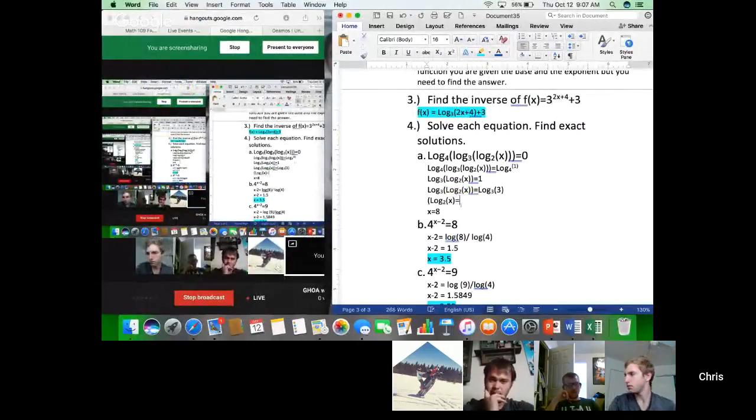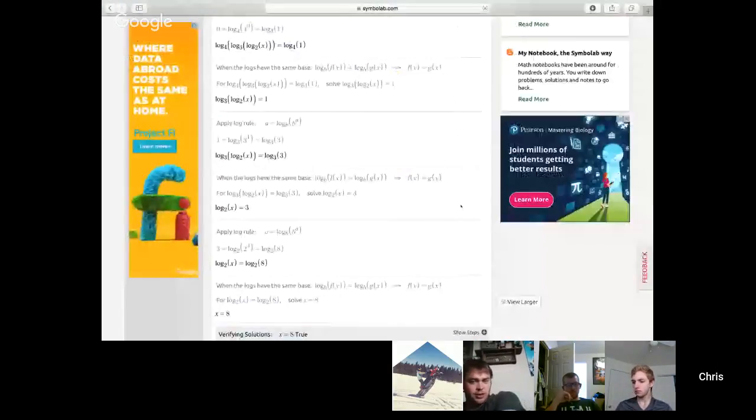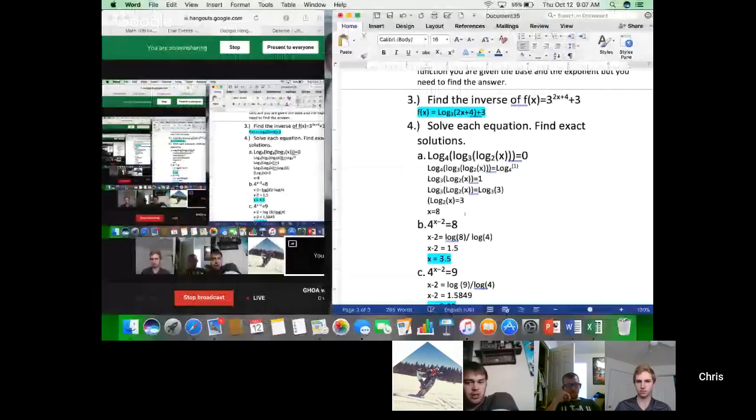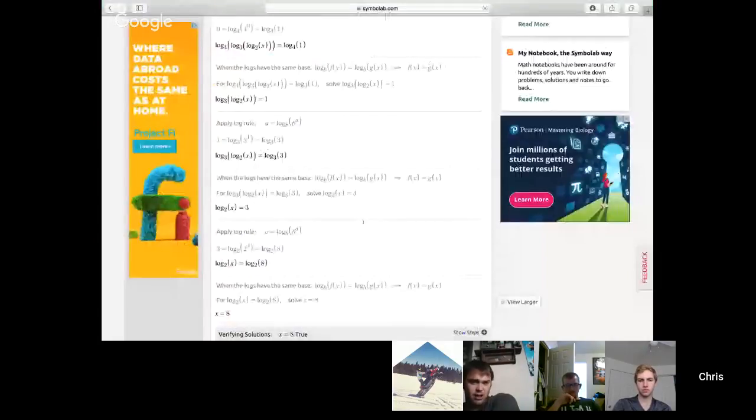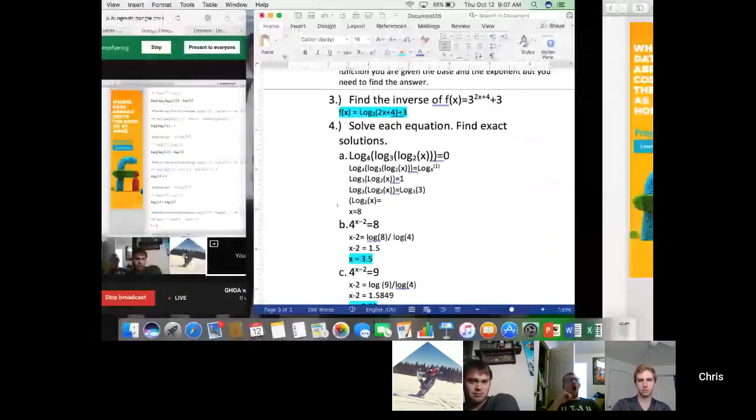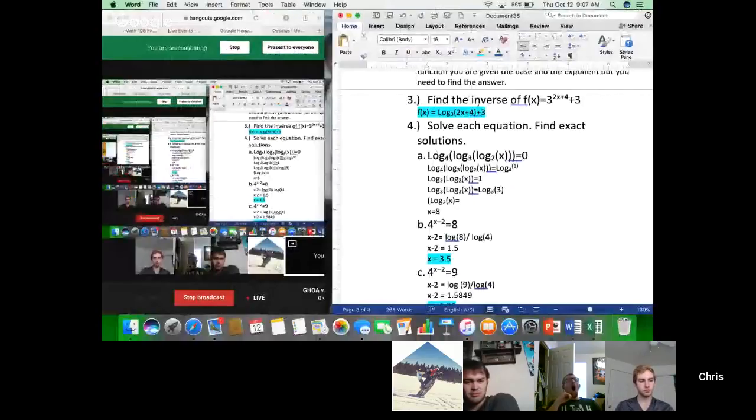Okay, so now it's log 2x equals log 2, parentheses 8. Well, I guess it's 3, sorry. Log 2x equals 3.